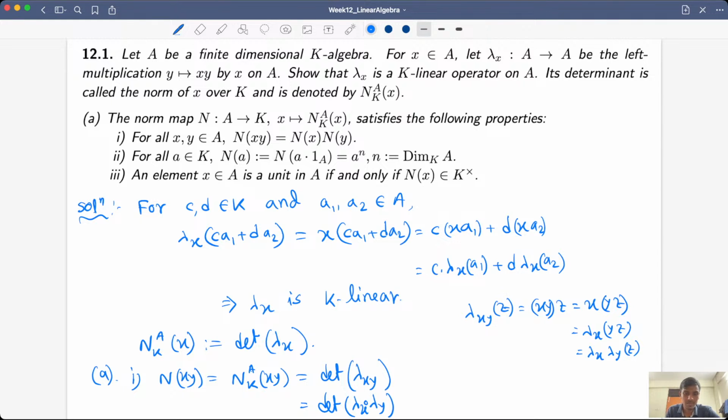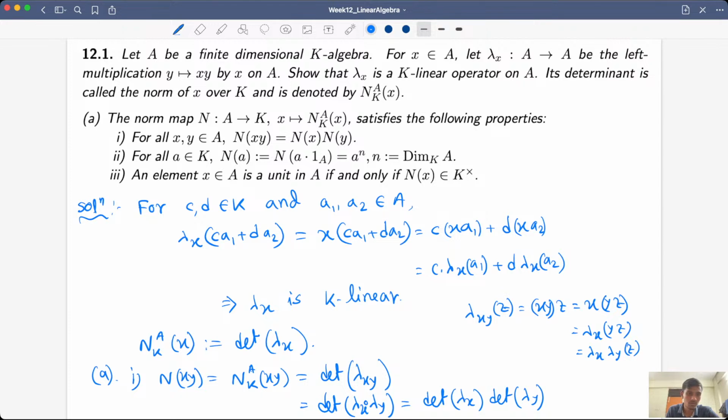But the determinant of this composition map is, by the property of the determinant, the determinant of lambda x times the determinant of lambda y.